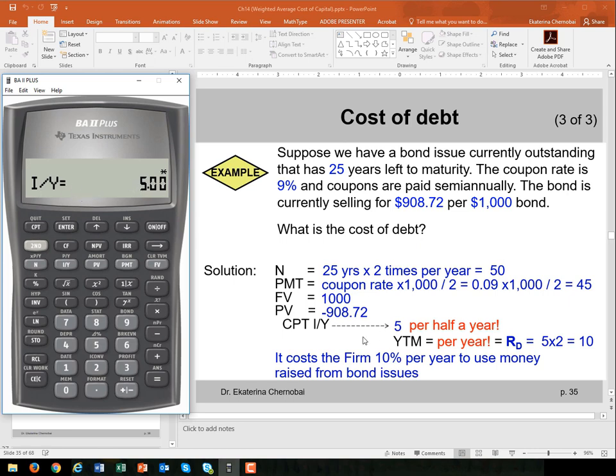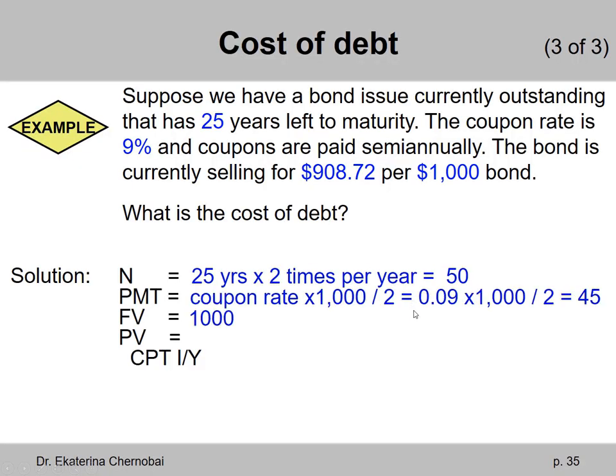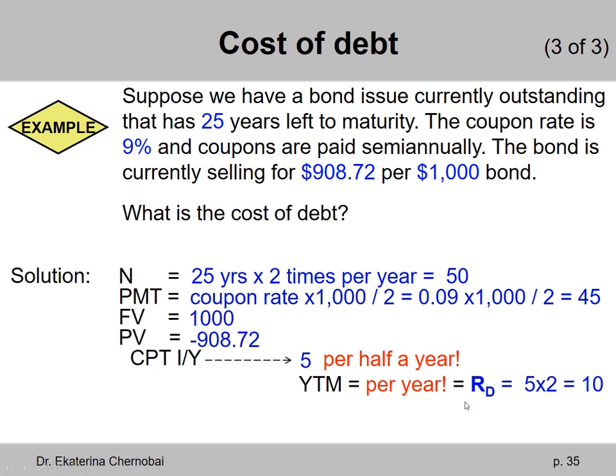No, it's per half a year. And that's because of the semi-annual frequency of the coupons for this bond. And so to get the annual discount rate or the cost of debt, we need to multiply 5% by 2 to give us 10. So 10% per year is the cost of debt in this problem.